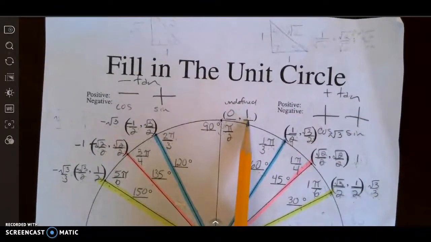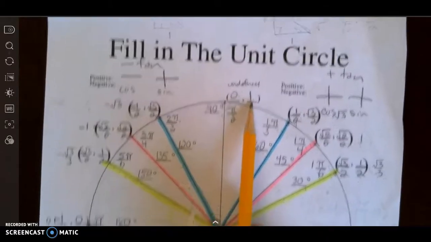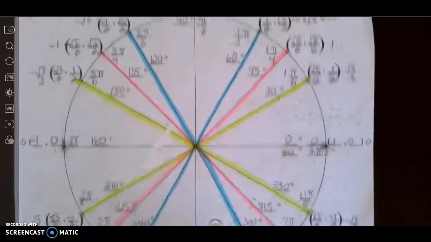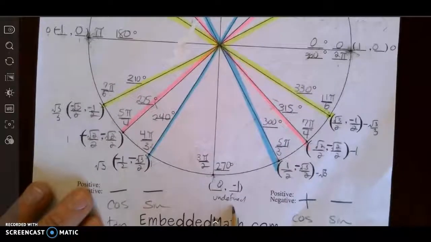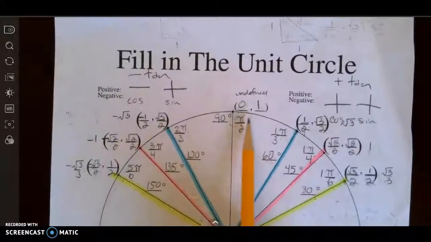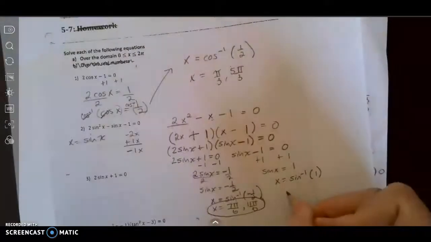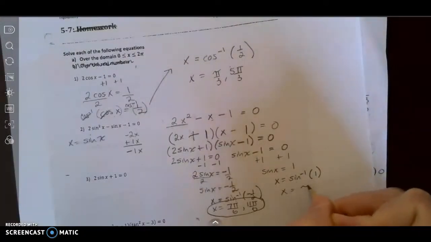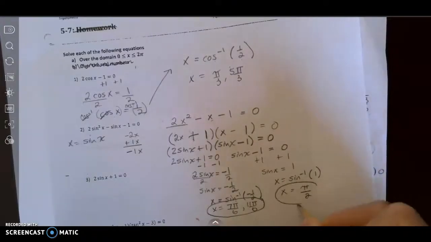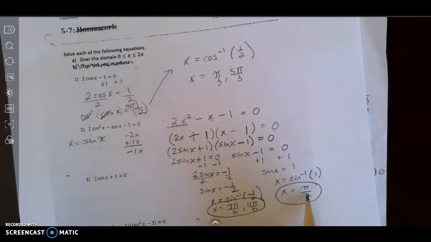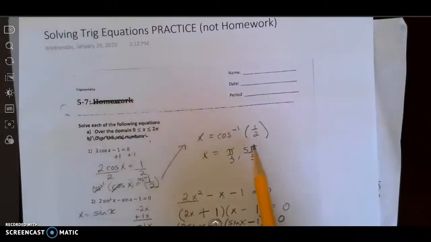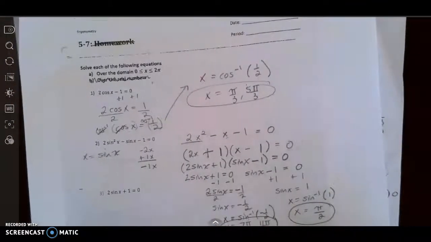Up here I see a y coordinate of 1. That appears to be the only place. I never see a y coordinate of 1 anywhere other than at pi over 2. So x equals pi over 2. So I have 3 answers for this one. I have 2 answers for this one.